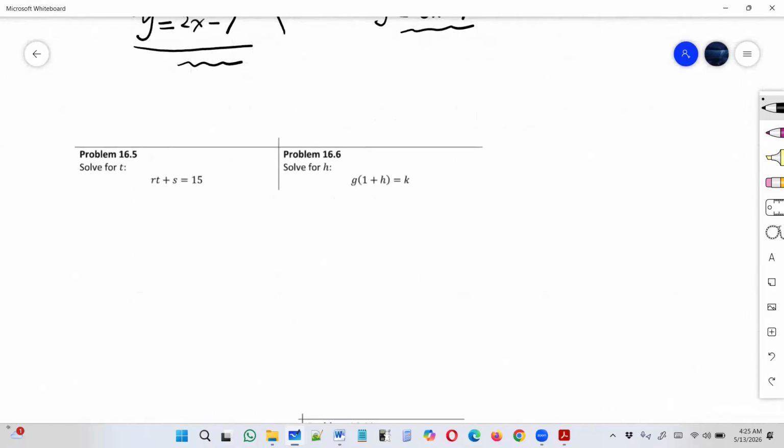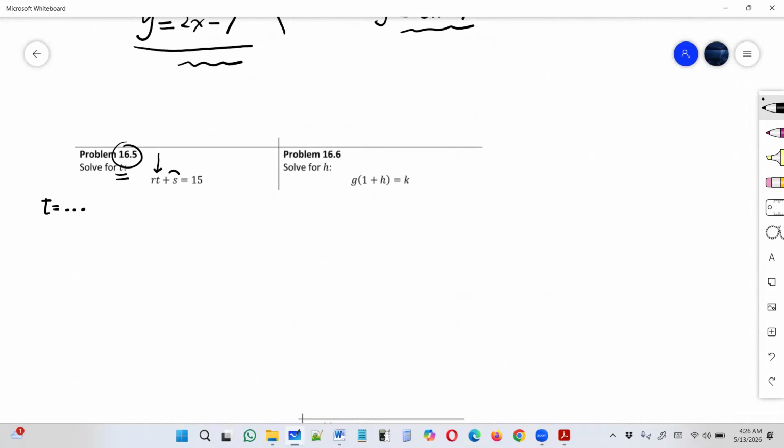Okay, let's see these two cases. We're going to take a look at 16.5 first, where we're going to solve for t. Because we're solving for t, at the end I have to have t equals something on the other side that does not contain a t. So here's the term with the t.